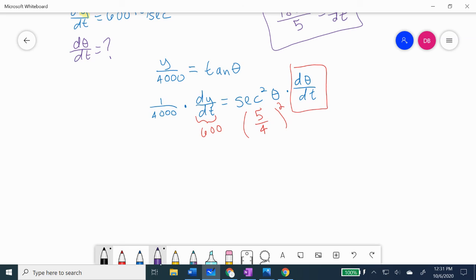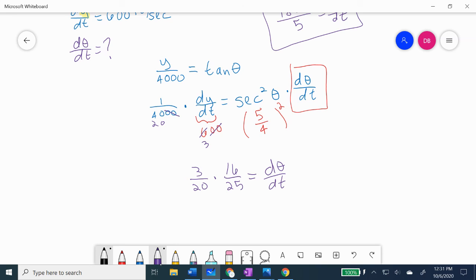And then a little bit of make the fraction simpler. And let's see, 3 and 20. So we have 3 divided by 20 times 4 squared over 5 squared equals d theta dt.